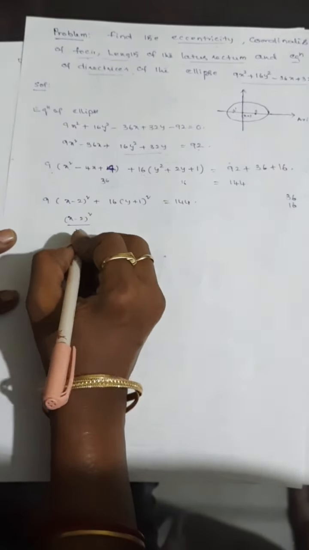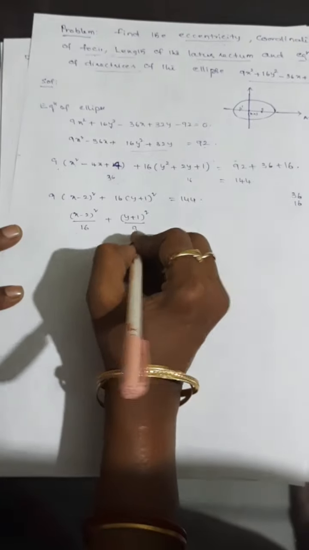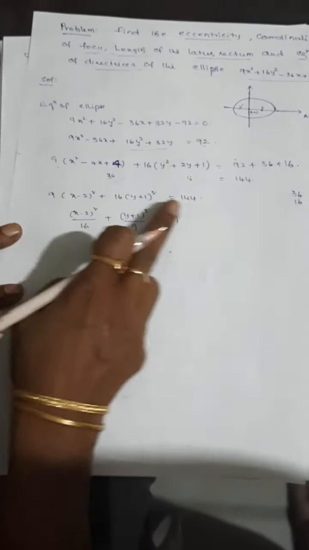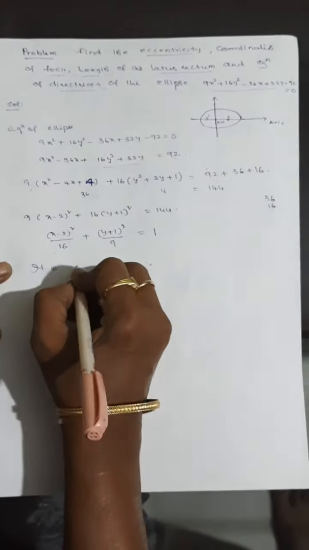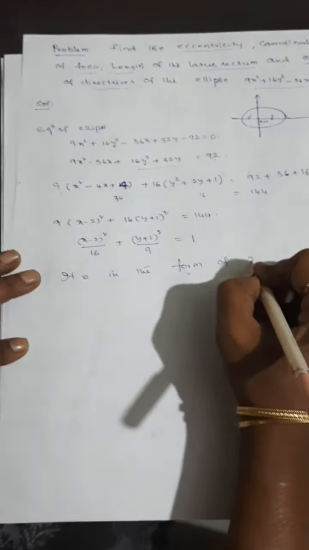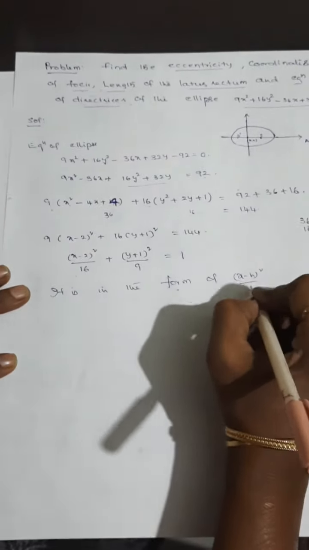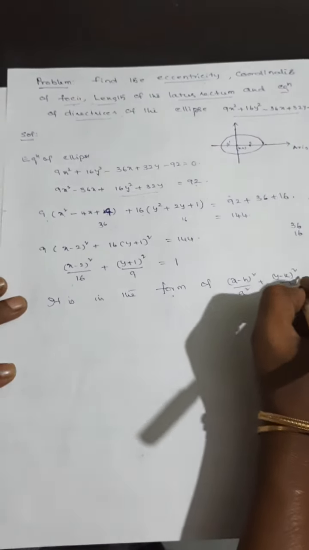Divide throughout the equation by 144. (x minus 2) whole square by 16 plus (y plus 1) whole square by 9 is equal to 1. Because 9 by 144 is 1 by 16, and 16 by 144 is 1 by 9. Here it is in the form of (x minus h) whole square by a square plus (y minus k) whole square by b square is equal to 1.